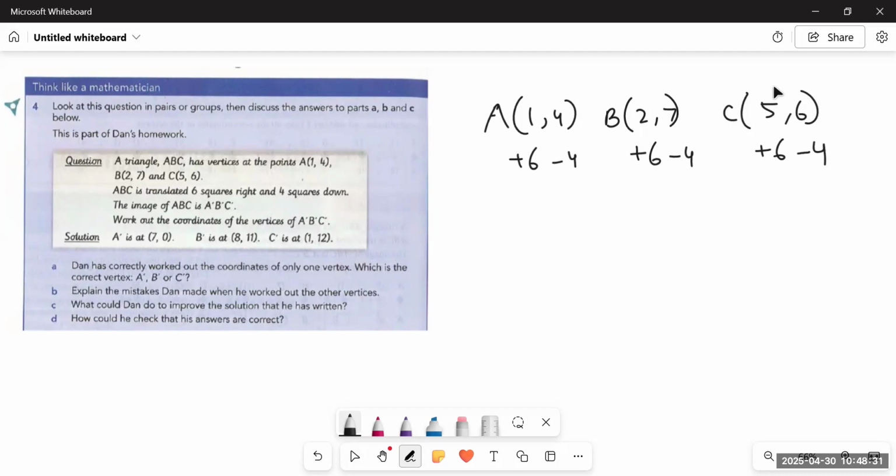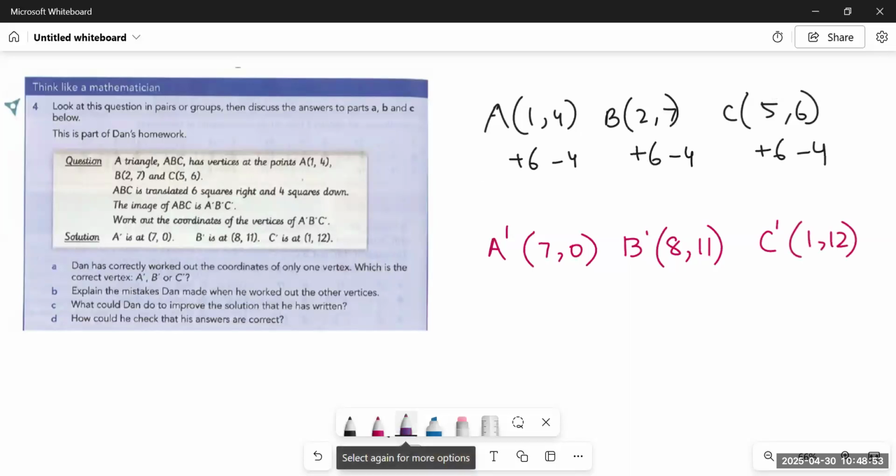Okay, now they have given us the solution as for the A dash. They have given us 7, 0. B dash, they have given 8, 11. And for C dash, it's 1, 12. Now let us tally. But for that, first we have to find our own solution.